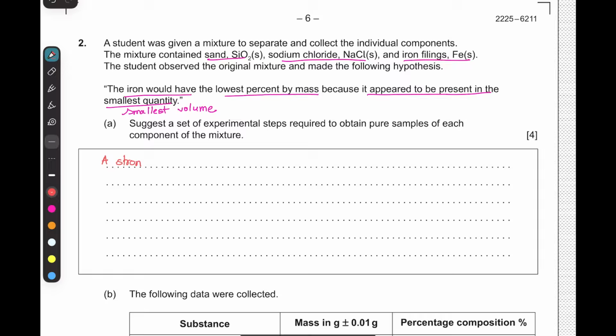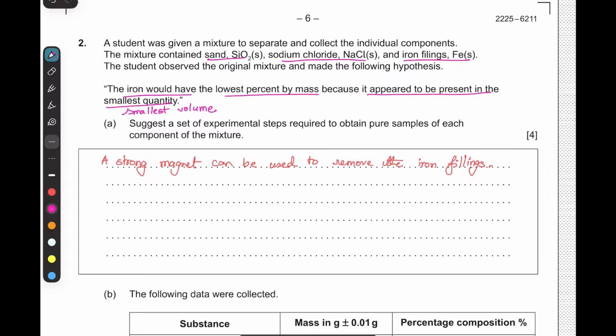A strong magnet can be used to remove the iron filings. If I just move a magnet around this mixture, I would be able to remove the iron filings. Done. Next, what we can do is add water to the remaining sand and salt mixture.